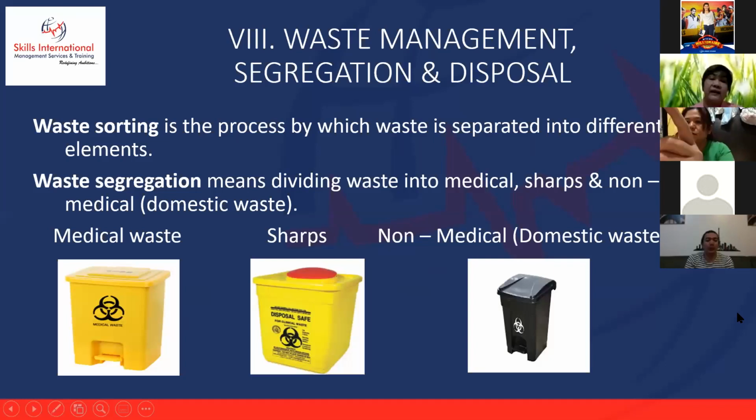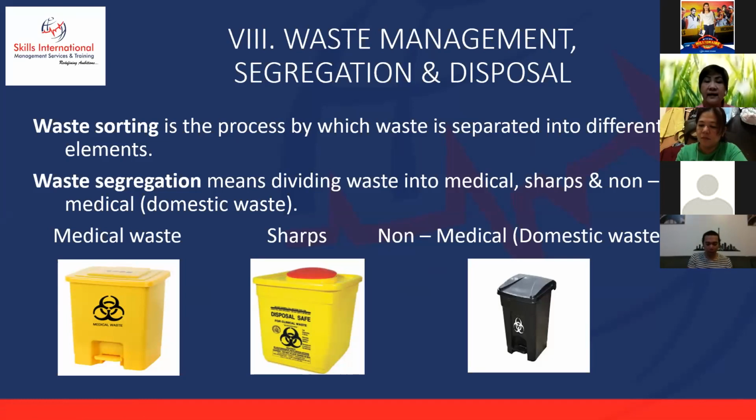About segregation and disposal, we talk of waste sorting. So when we say waste sorting, it is the process by which waste is separated into the different elements. So when we sort it out, for example, the medical waste and the sharps, we need to separate them.